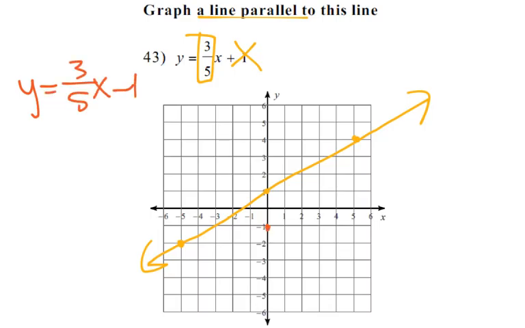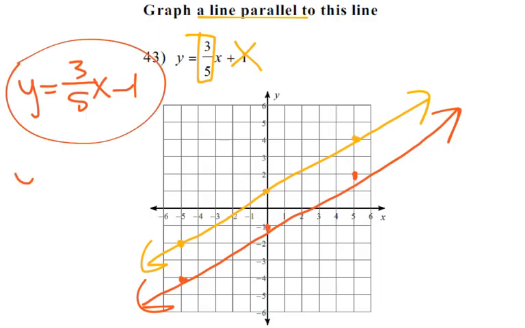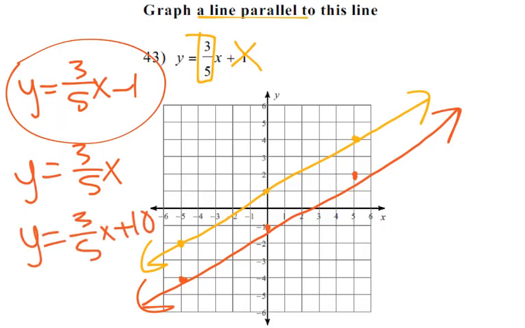So we'd start at -1, and we'd go up to the right 5, or down 3 to the left 5. And your line should end up never touching, if you were to draw it correctly. But that would work. Okay, this would also work. So there's pretty much unlimited options because you can change the y-intercept. So that's with parallel lines.